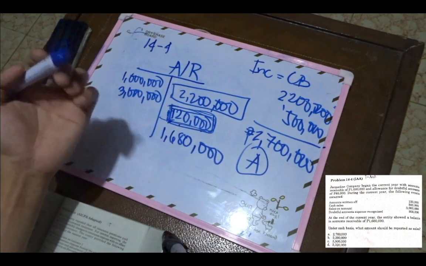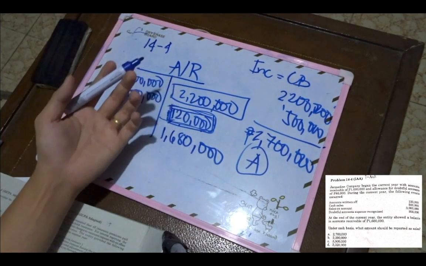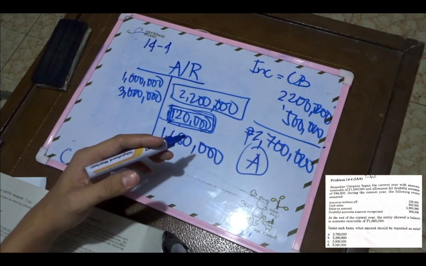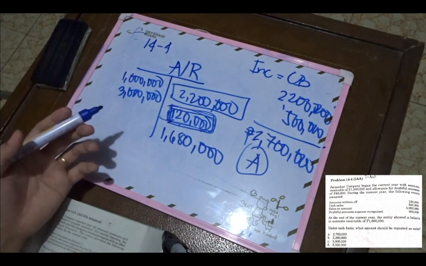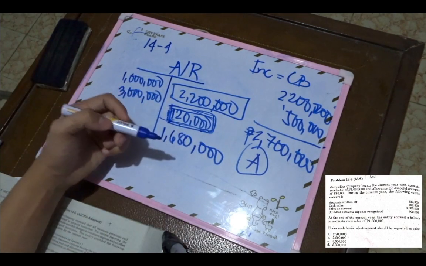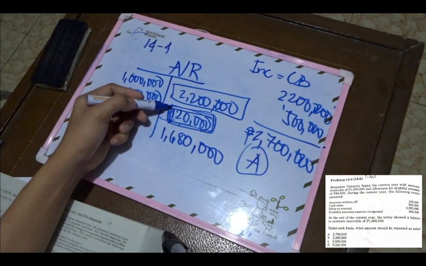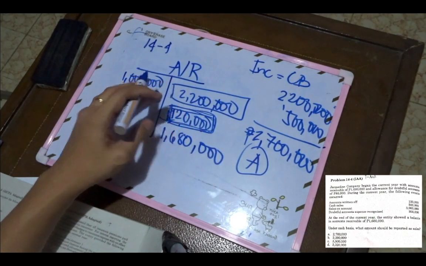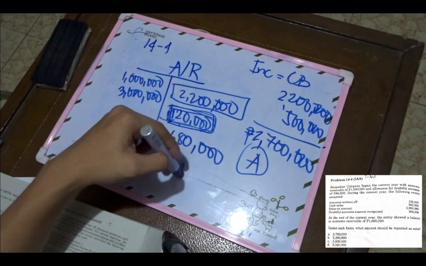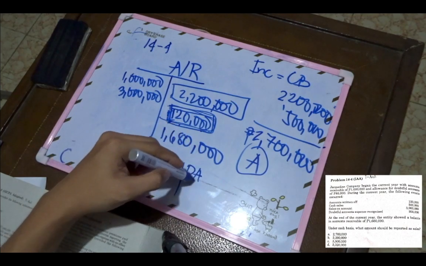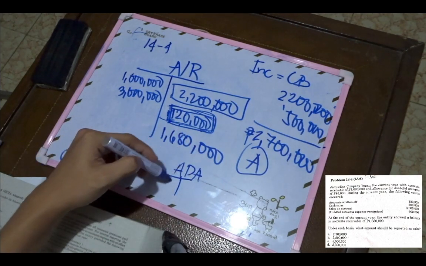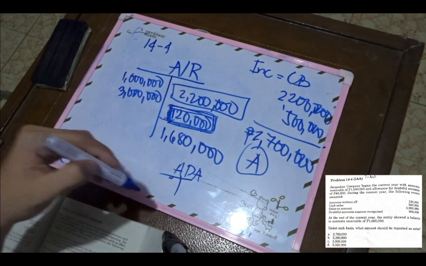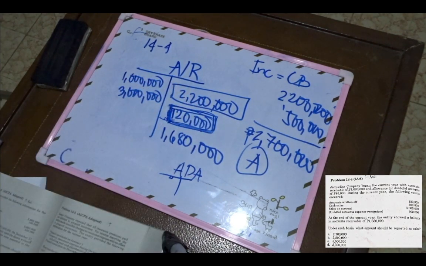So you put the beginning and ending balance, you put the recoveries if there is, and doubtful accounts expense for the current year, and you determine the accounts receivable written off. You will need that before you can have this AR T account. So the ADA T account will only be necessary if the accounts written off is not given. In this case, it's given in the problem, so there's no need to look for it.